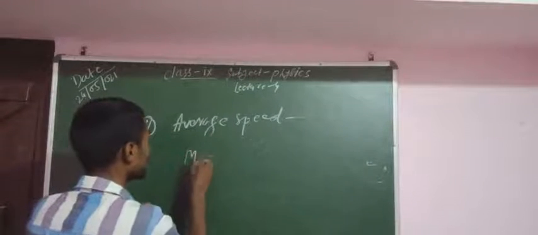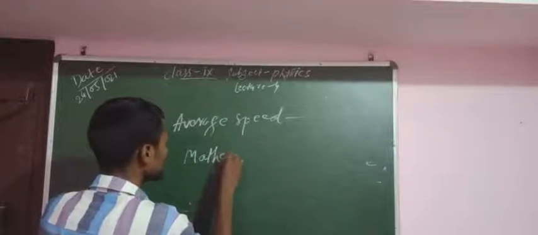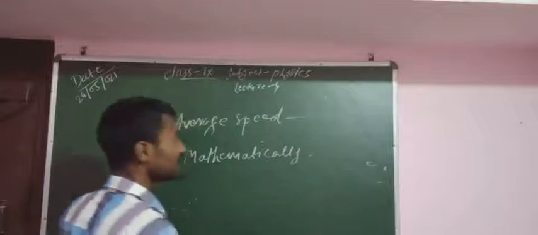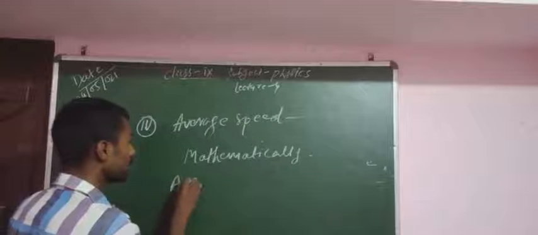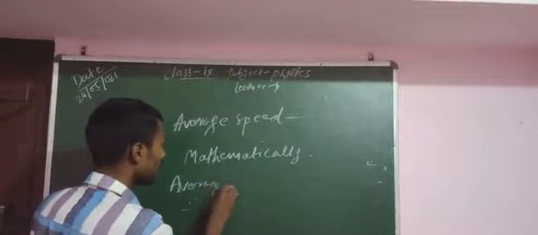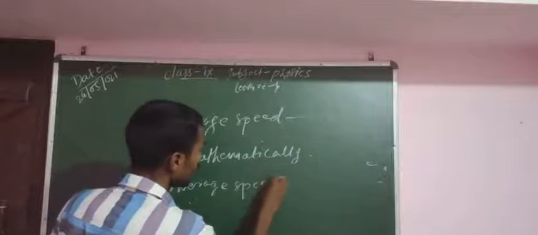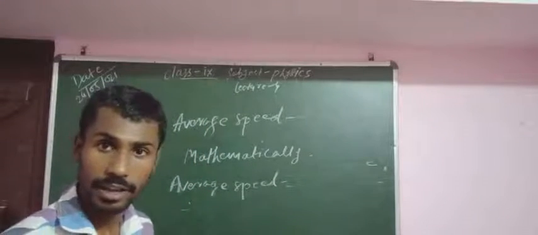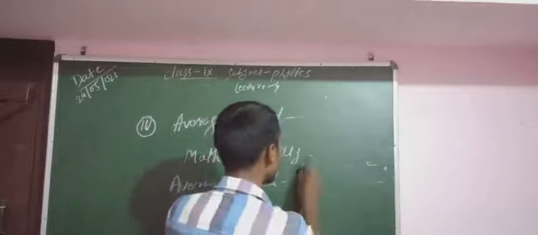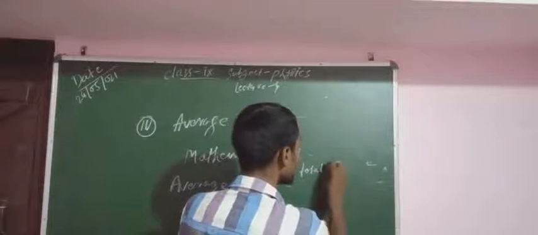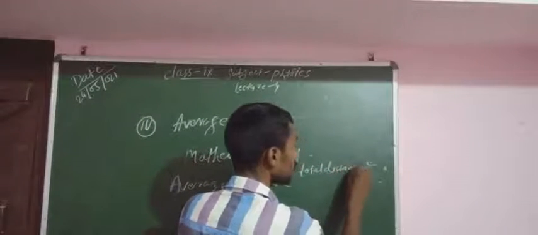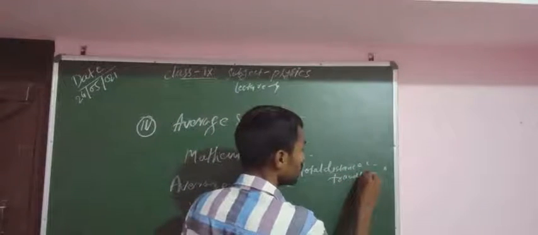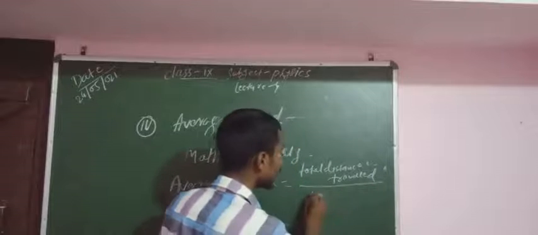Mathematically it can be written as: average speed equal to total distance traveled by total time taken.